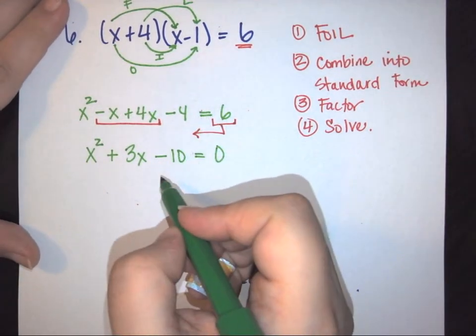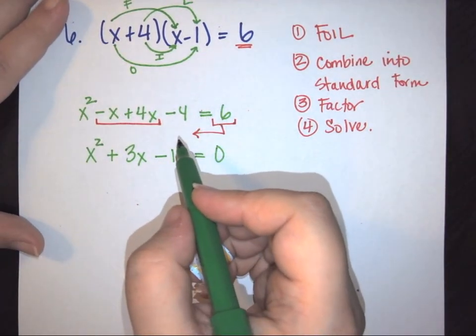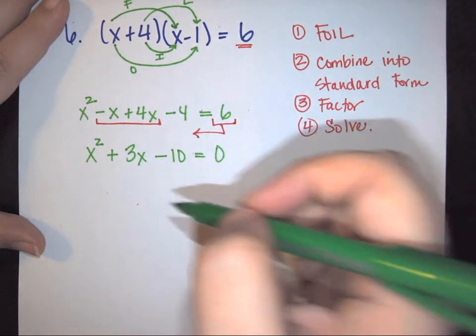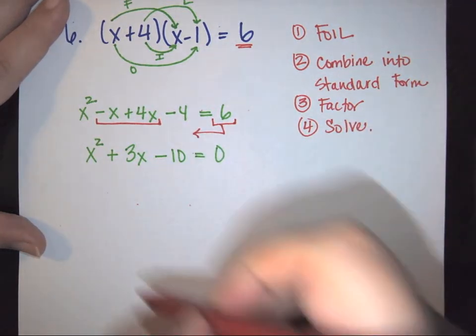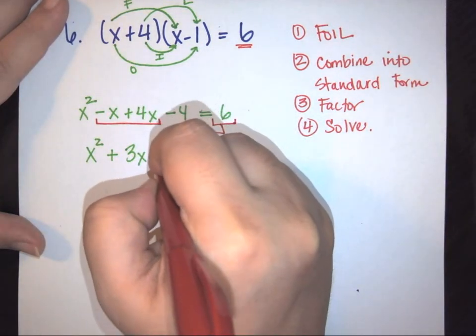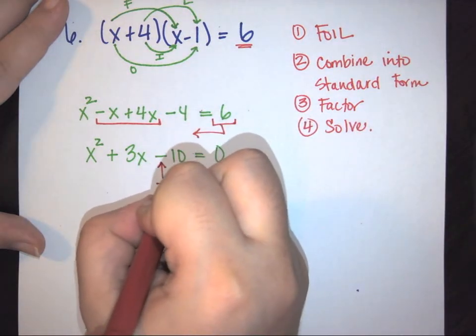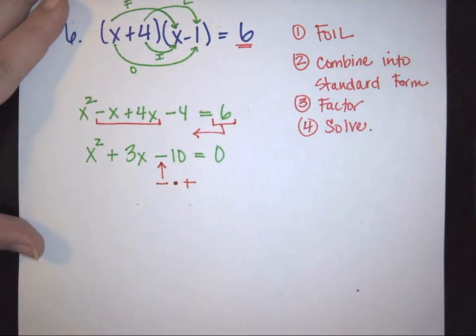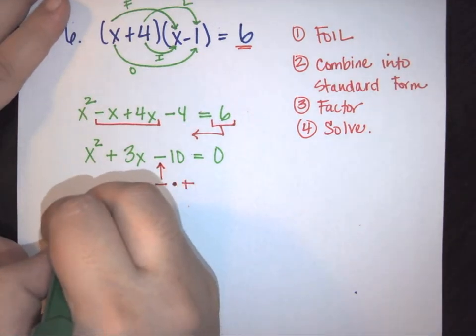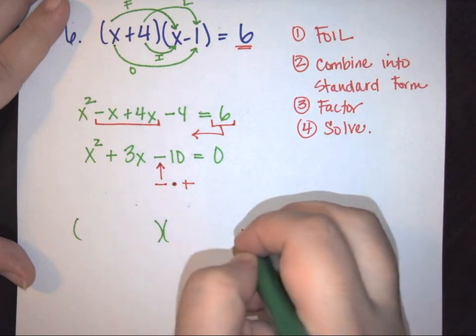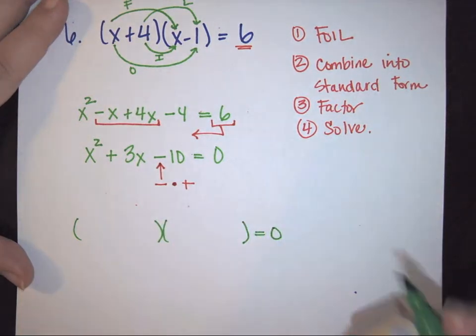And so here in this case, again, one of the things we have to remember is that this sign here tells us that we are going to use the option negative times positive. And so if I want to just go ahead and set this into my factors, I can do just that.